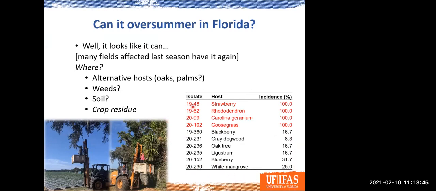The ones we're finding to be as aggressive are usually the ones that we're collecting from weeds in the strawberry field during the season, not between seasons. So there's still more to be done here, but one thing we're really looking at closely now is crop residue, as I suspect this may be one of the main culprits.